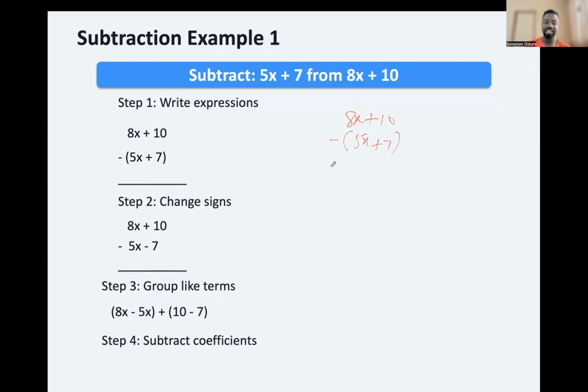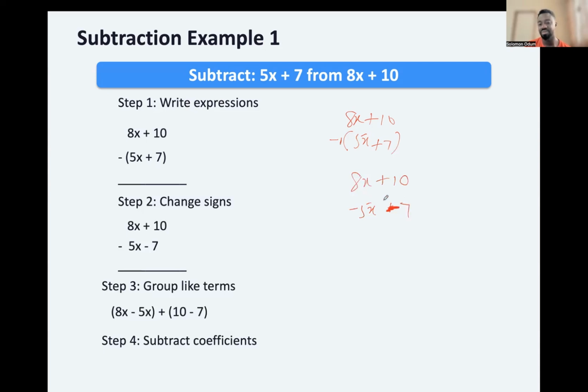The next thing is to change the signs of the second expression. So 8x plus 10 is the first expression. The second one, we multiply by minus 1: minus 1 times 5x gives minus 5x, and minus 1 times 7 gives minus 7.